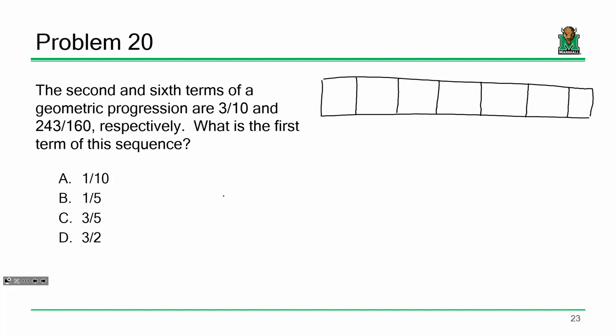See, it says right there. That's fun, and it's really easy to go, whoa, wait, what are we talking about here? Because that matters. You have to know that. So this term is 3/10. This term is 243 over 160, and we're looking for that term. Okay.